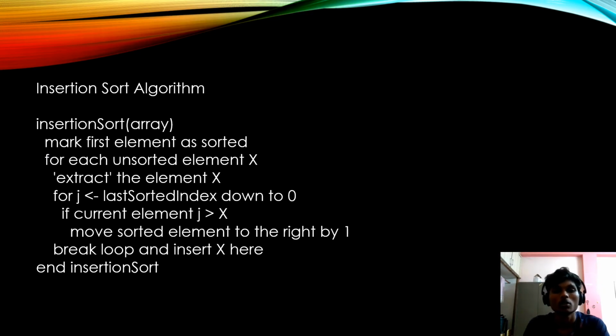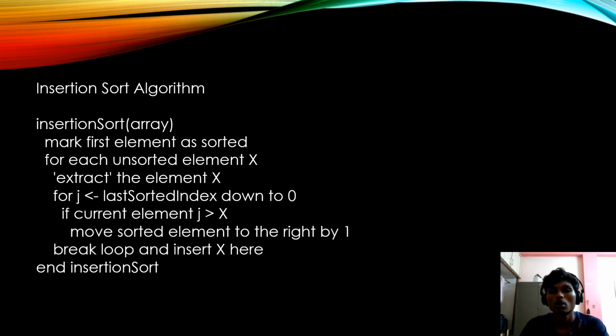Now we are going to discuss the algorithm. In this insertion sort algorithm, we take an array, that is insertion sort of array. There are two types of elements here, sorted and unsorted elements. We mark the first element as sorted, and then for each unsorted element x we extract it.